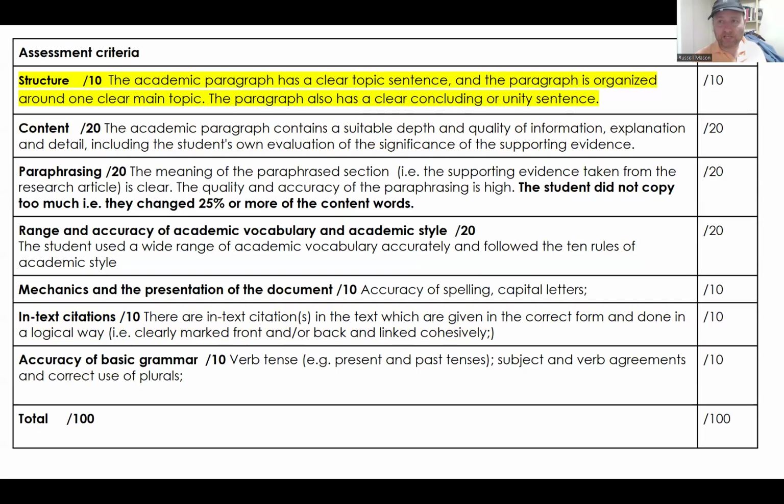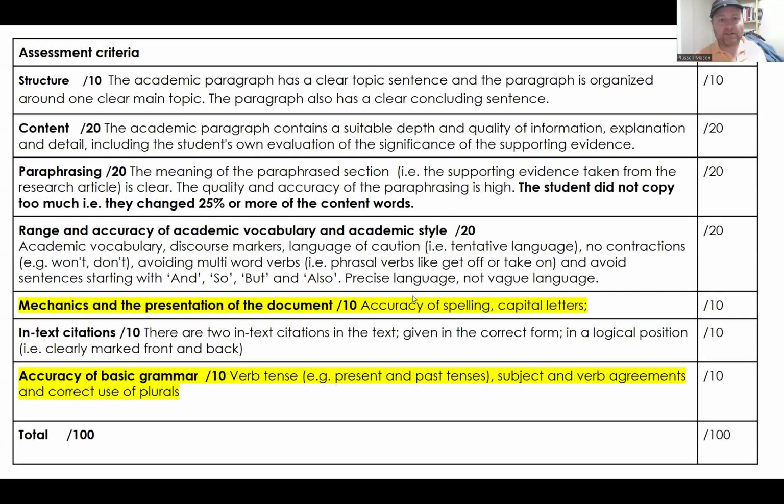So this is about the organization and the clear topic at the beginning of the paragraph, and a clear concluding sentence at the end. So the paragraph is basically finished at that point. You check the spelling, the capital letters, and basic grammar like subject and verb agreements, verb tenses, and uses of plurals. So that's a quick overview of the whole process that you're going to go through in the next 2 weeks.